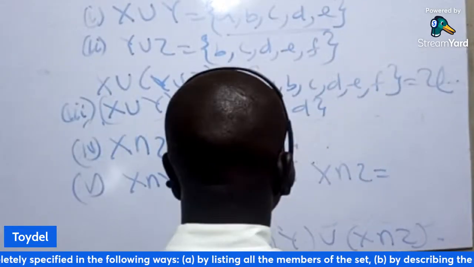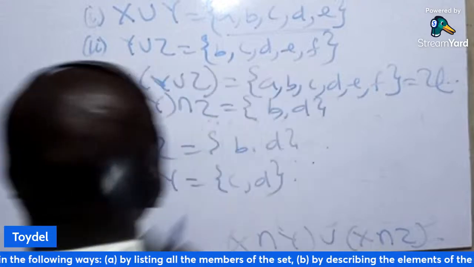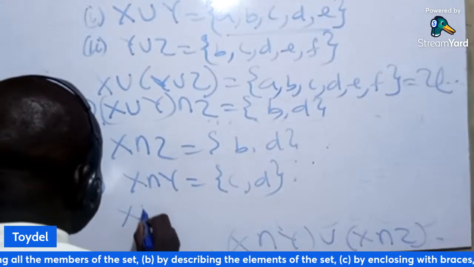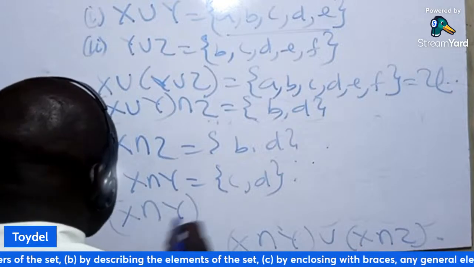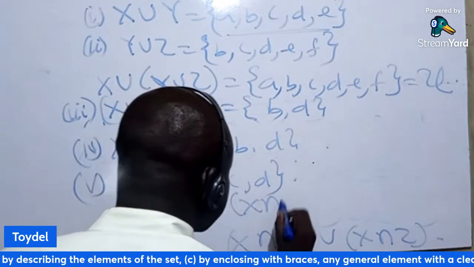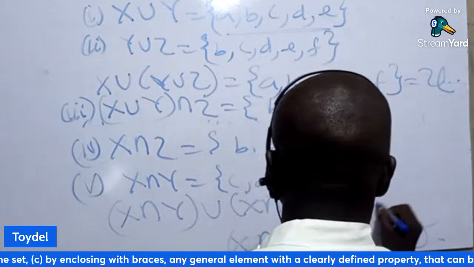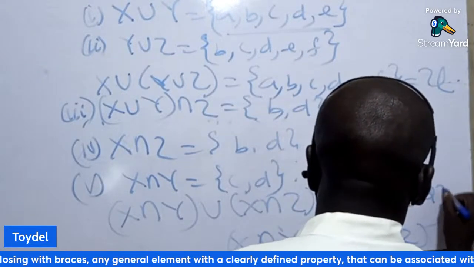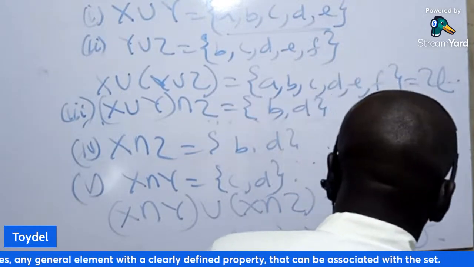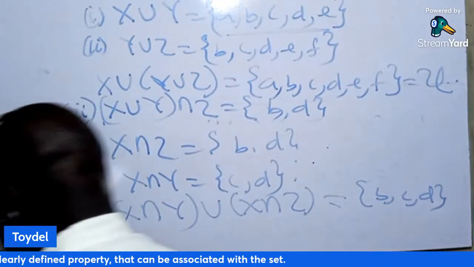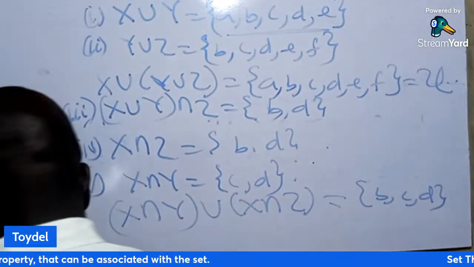Of course, we know that one as BD. So X intersection Y, then union X intersection Z will now be, compare these two, BCD. And that is what we are expected to do.